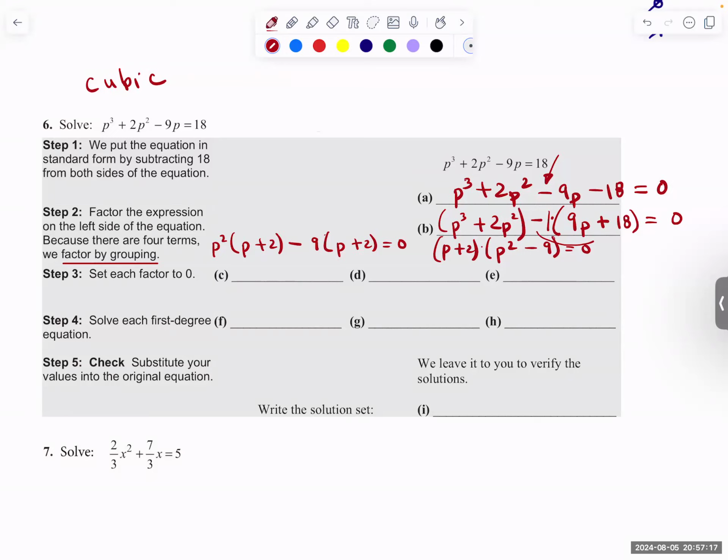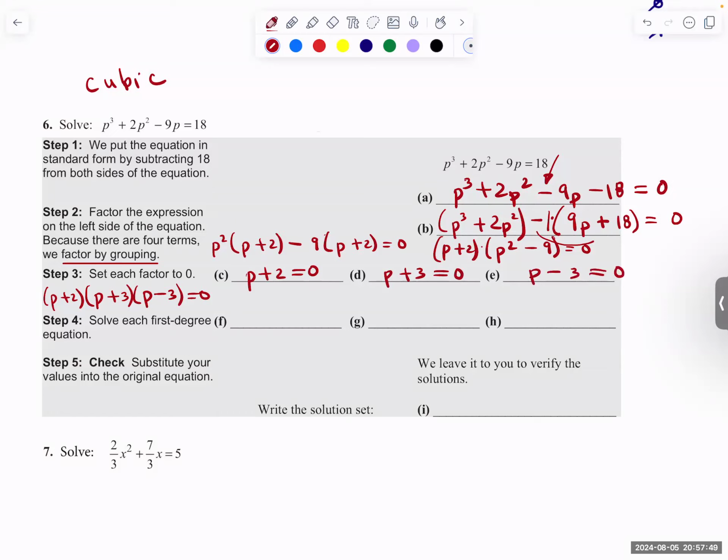And so p squared minus 9 can be factored as a product of conjugates. Let's go under step 3. So we have p plus 2, and then the product of conjugates is p plus 3 times p minus 3, and that equals 0. So this is a product that equals 0. We have 3 binomial factors equal 0, so either the factor p plus 2 is 0, or p plus 3 is 0, or p minus 3 equals 0.